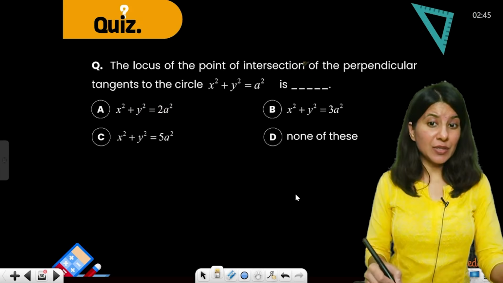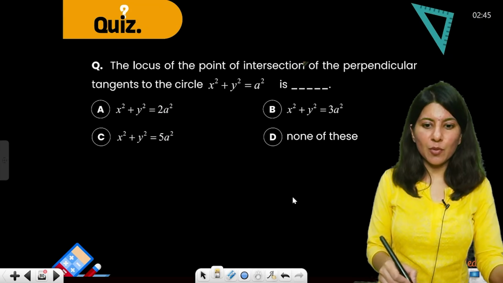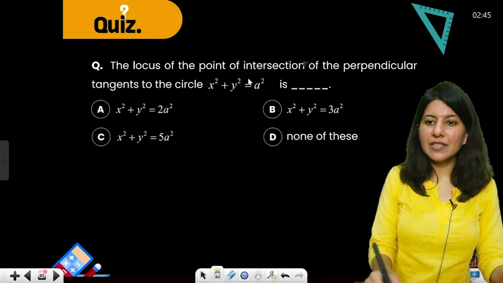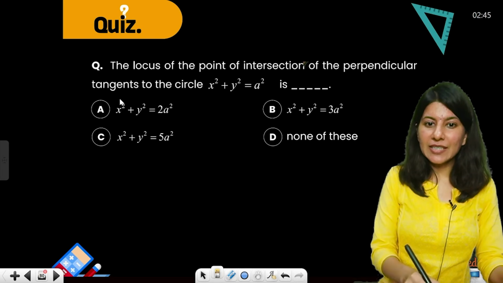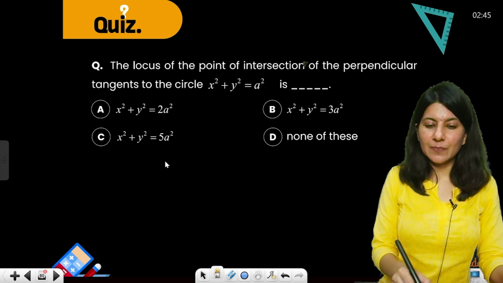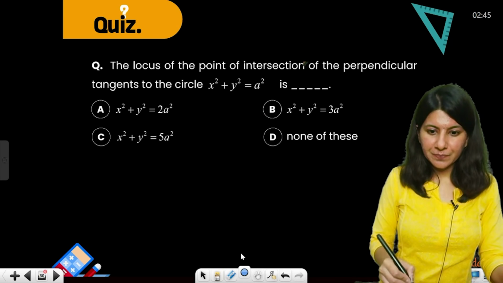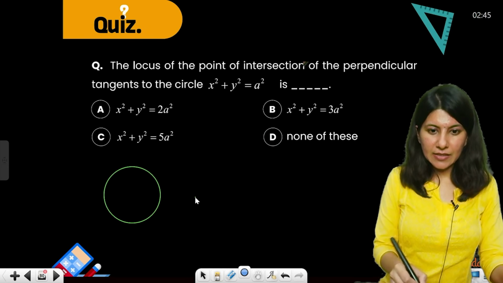Now let us move on to the next problem, a similar type of problem. We are looking for the locus of the point of intersection of the perpendicular tangents to this circle. Again, if I plot the graph, this is your circle.